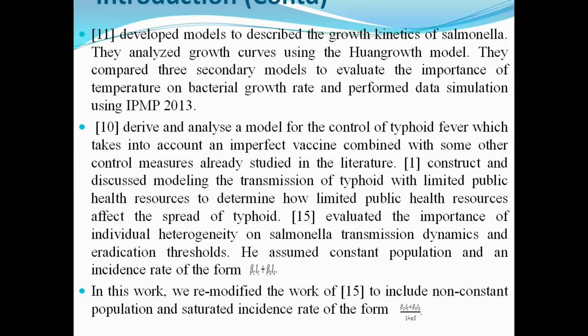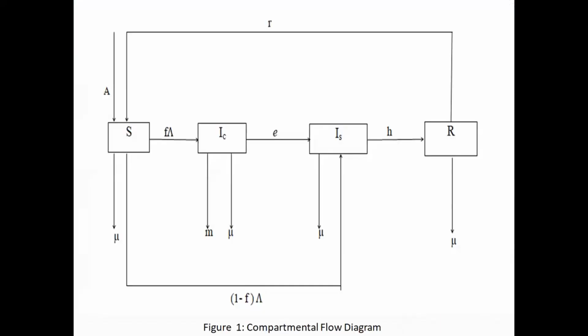But in this work, we consider the work of Yan, 2007. He used a saturated function of the beta C and a C, and he considered a constant population, but here we modify his work to include a non-constant population and saturated incidence rate.